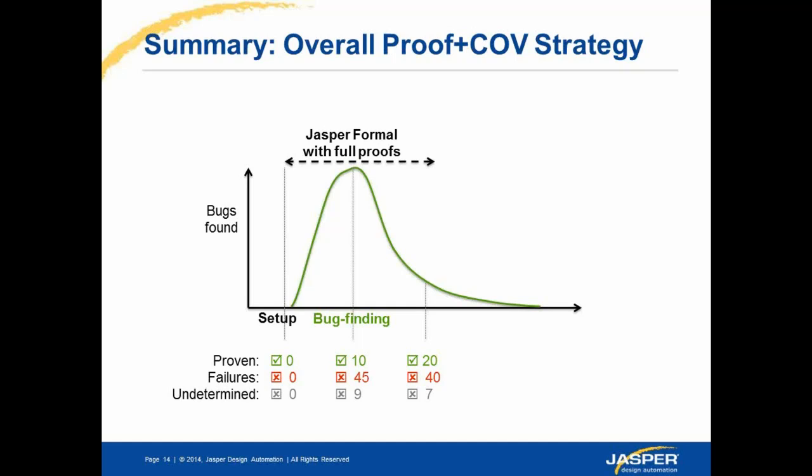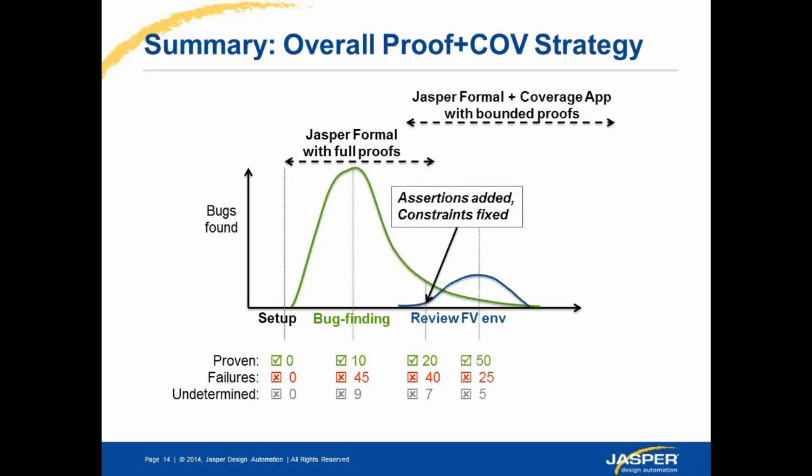You find a lot of counterexamples, a few converged results, few proved results, and then you run the Jasper coverage app. With property completeness, you get to know if you're missing any assertions, then you write your assertions. Using stimuli coverage, you can figure out if you have over-constrained your environment, you can fix your environment, adding more assertions, fixing your environment, and then this will be followed by a second wave.